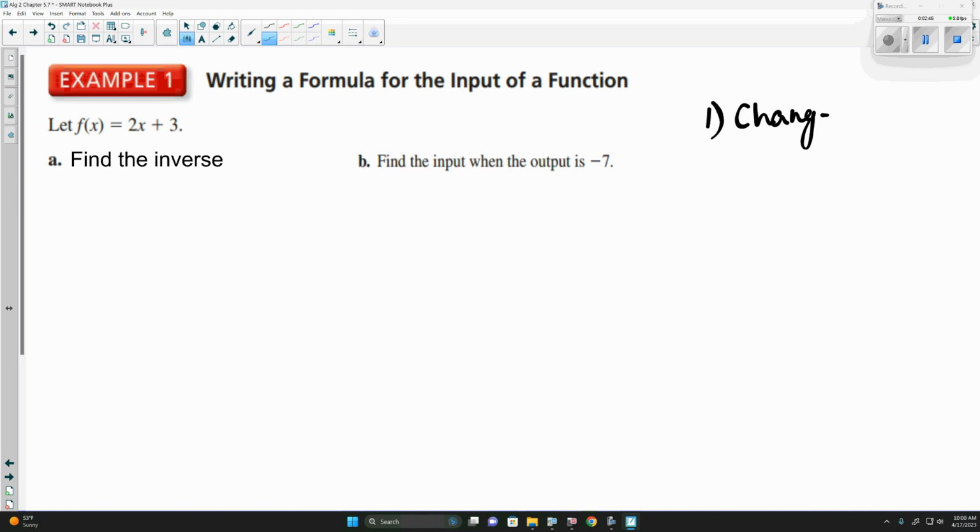Now, with finding the inverse, the first main step is to change f of x to y. We can say rewrite, we can say change, either way it's the same thing.